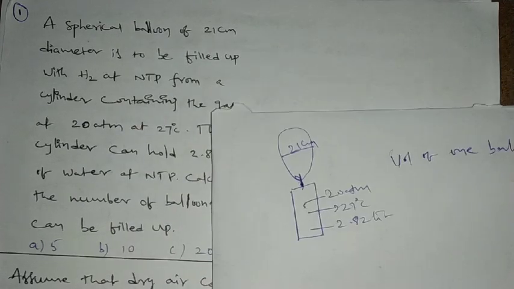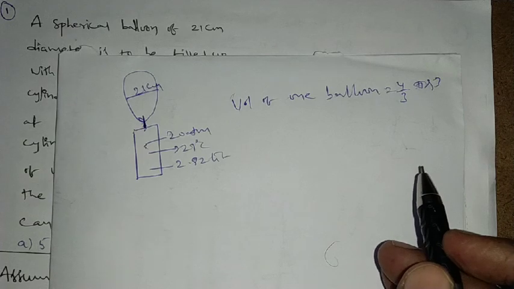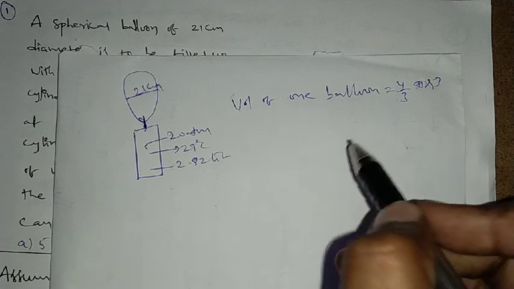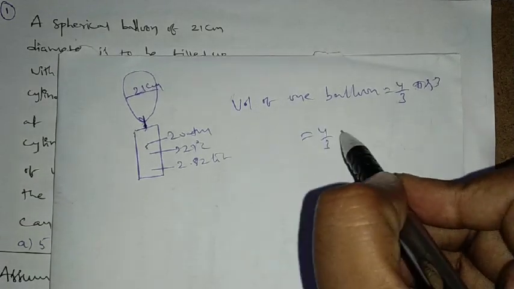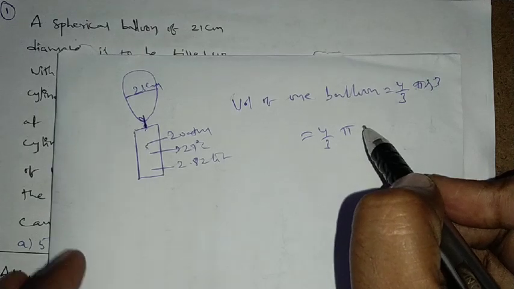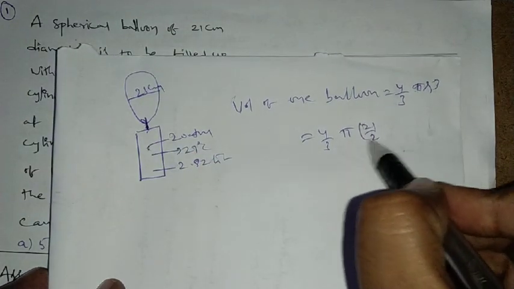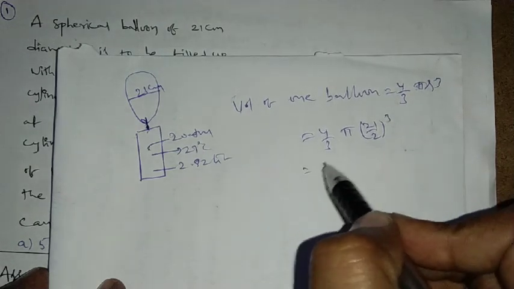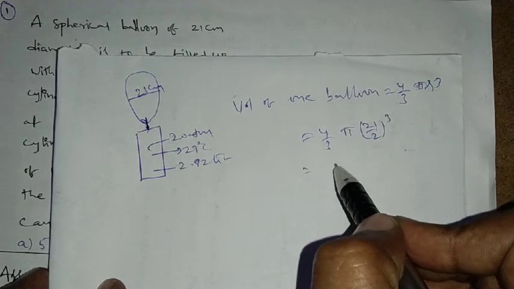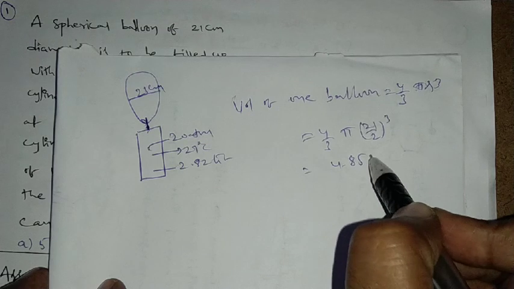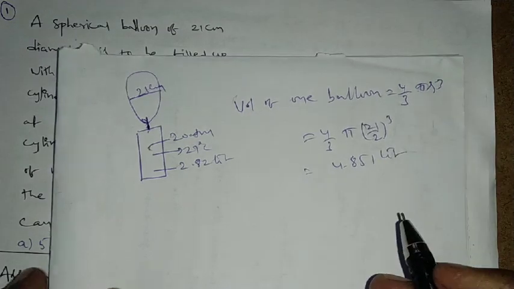This is the basic formula. Is it okay? 4 by 3 pi into r, where r is the radius of the balloon. Here the diameter is given, so it is 21 by 2 whole cube. Simplifying, you will get 4.851 liters. Is it okay?